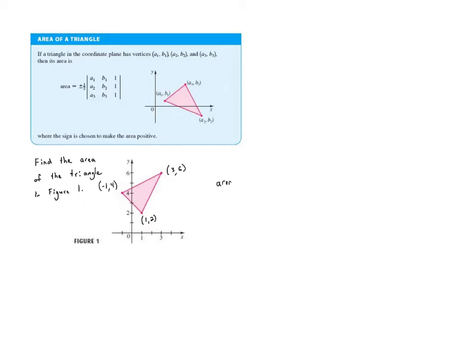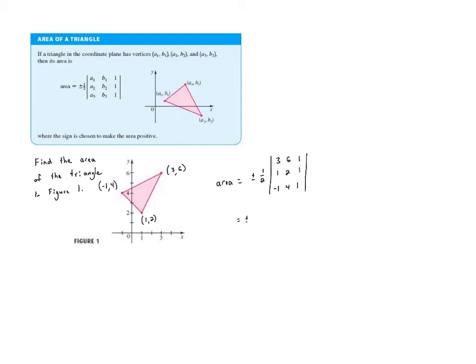So the area of this triangle is given by plus or minus 1/2 times the determinant of the matrix that has elements 3, 6, 1, 1, 2, 1, and -1, 4, 1. Remember, we've got the coordinates of the points, xy, xy, and xy, and then 1s on the last column.